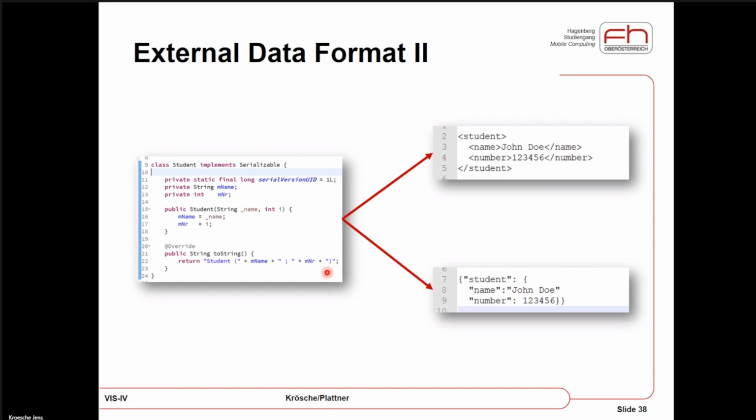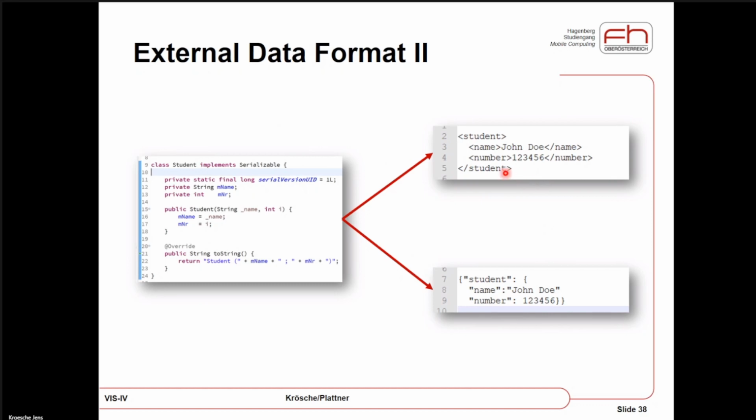So what we really want to do when we have an external data format is take our student, which we already had in the coding example before, and convert the student into something that we can read. And that's the nice thing at this point about the data exchange formats, that they are still human readable.